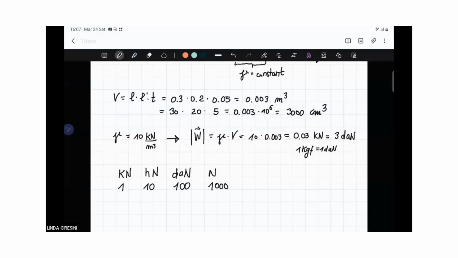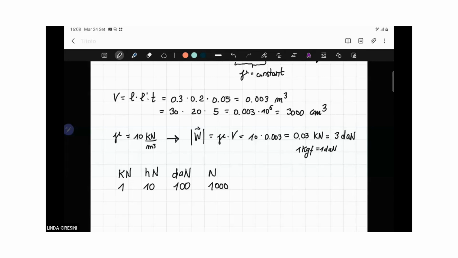Yes. International system of units. Yes. Not feet, not just newtons. Newtons, meters, yes. Okay. So anytime we make an operation, we have to ask ourselves if it's correct or not.